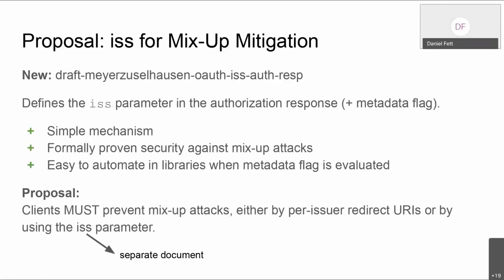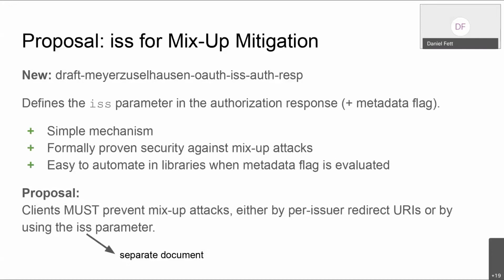So if you had the ISS parameter in the authorization response, then of course, in the scenario that I just showed, the honest.com/auth authorization endpoint would put into the authorization response the issuer honest.com, because the honest.com authorization server knows that it's acting under the issuer honest.com.